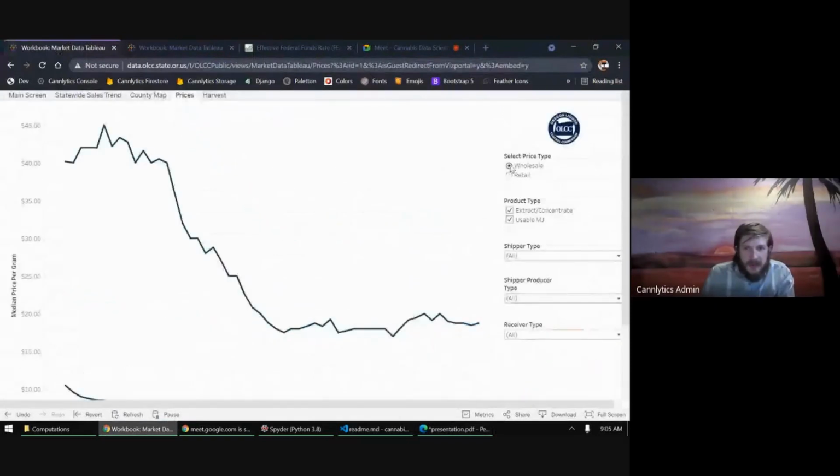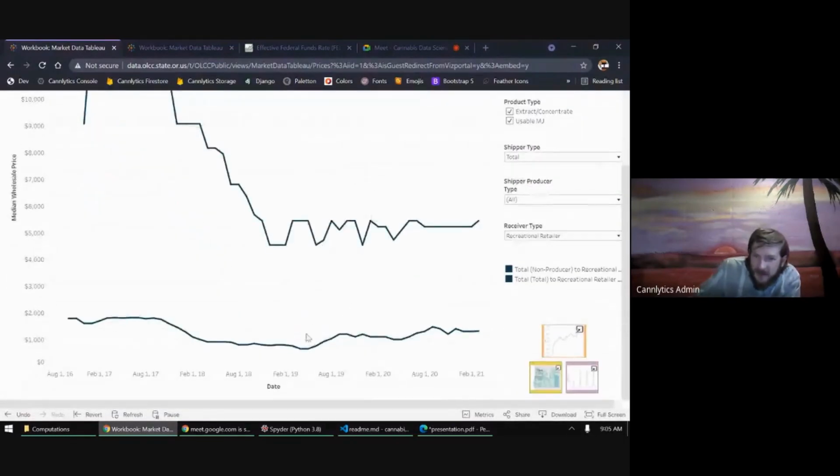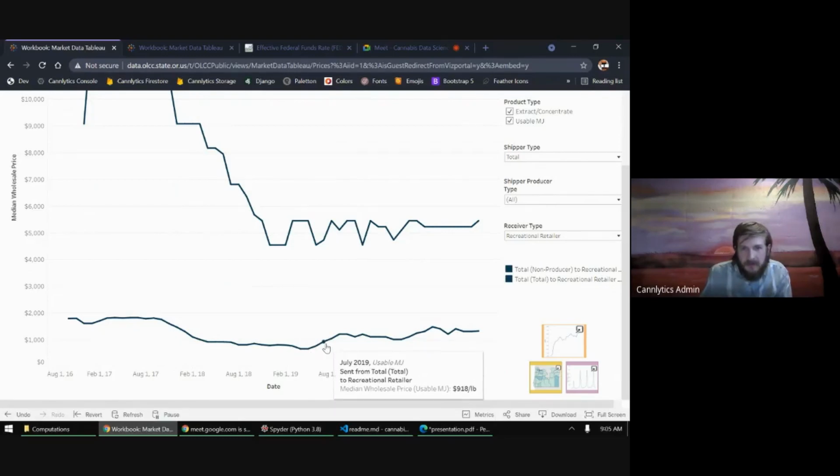Exactly, and that's what you see. And that's why it'll be nice to look at some statistics and do some trends. But it does look to me that maybe starting around June of 2019, prices are gradually trending up.